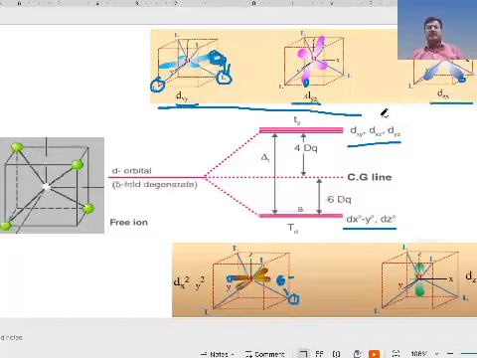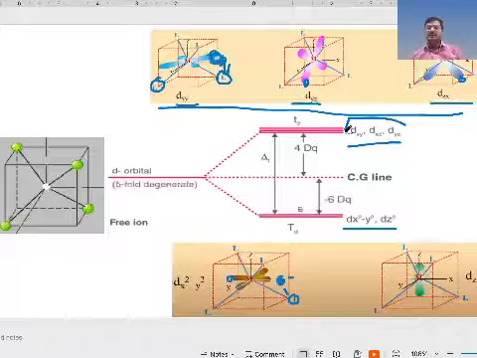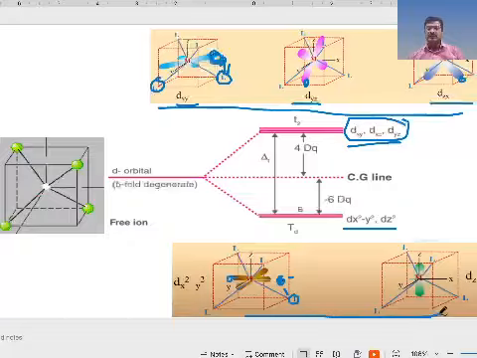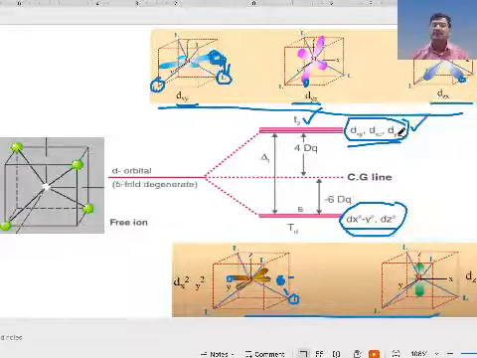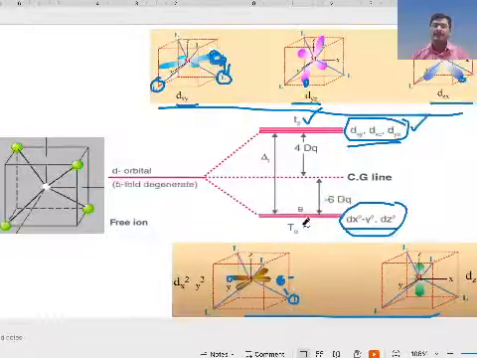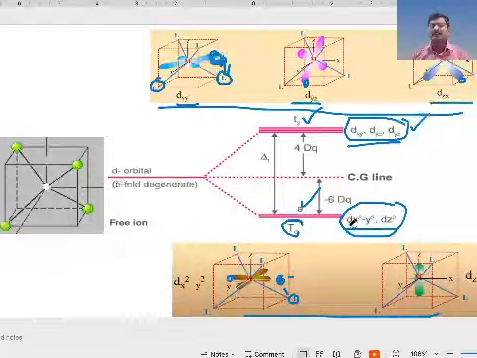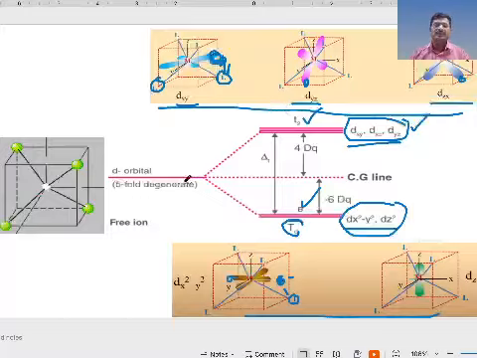That's why these have more repulsion and get more energy, and these have less repulsion and get less energy. That means we get a total of two energy levels. The higher energy level is called the T2 energy level, which contains three orbitals: dxy, dxz, dyz. The lower energy level is called the E energy level. It contains dx square y square and dz square.